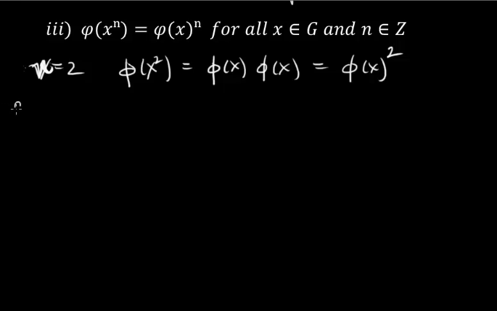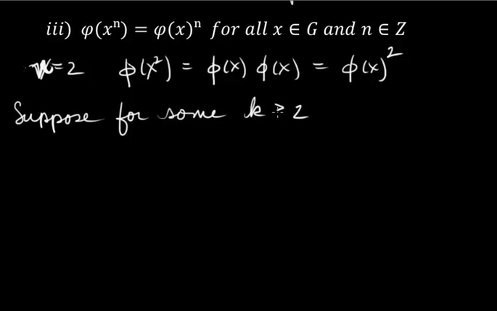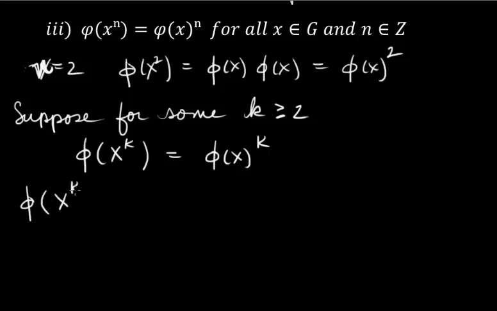Let's suppose for some k greater than or equal to 2, phi of x to the k is equal to phi of x to the k. In other words, phi of the kth power of x in G sends it to the kth power of phi of x in H. We're assuming that's true, and now let's look at phi of x to the k plus 1.